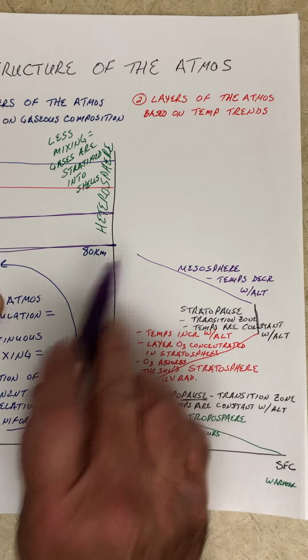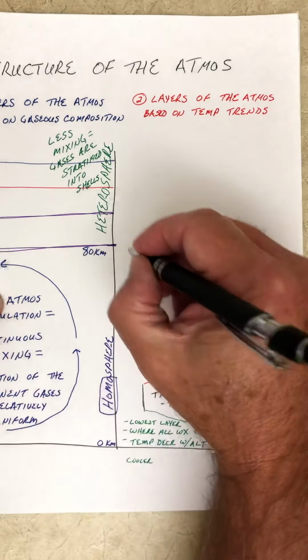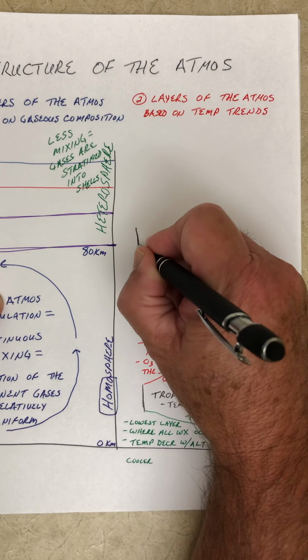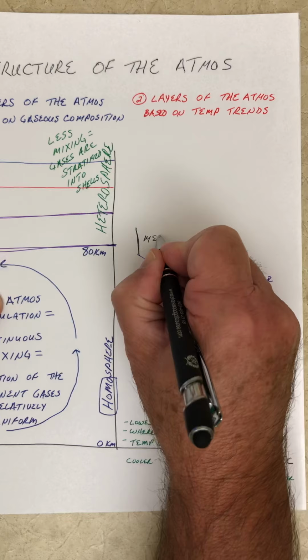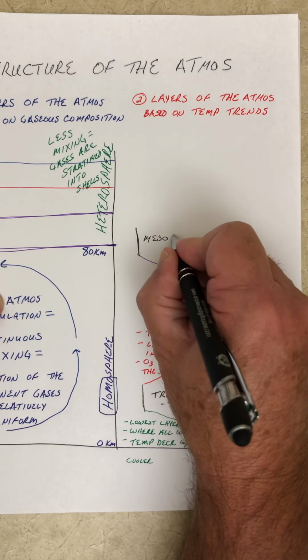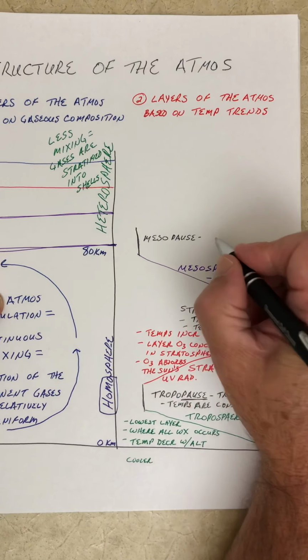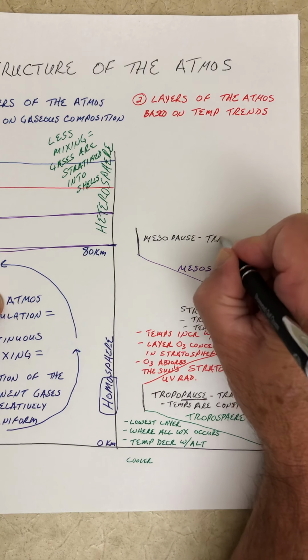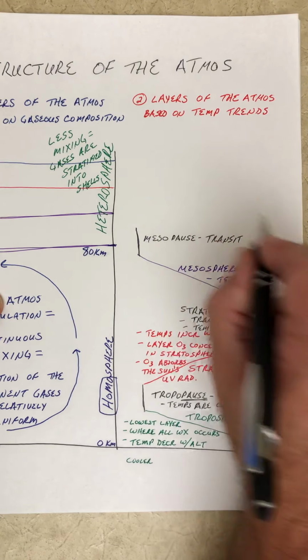Okay. At the top of the mesosphere then, and before we get to the next layer called the thermosphere, we come up with the mesopause. The mesopause is once again a transition zone. You're transitioning from the mesosphere into the thermosphere.